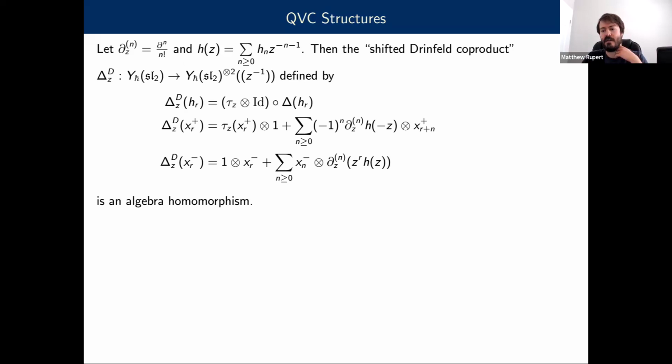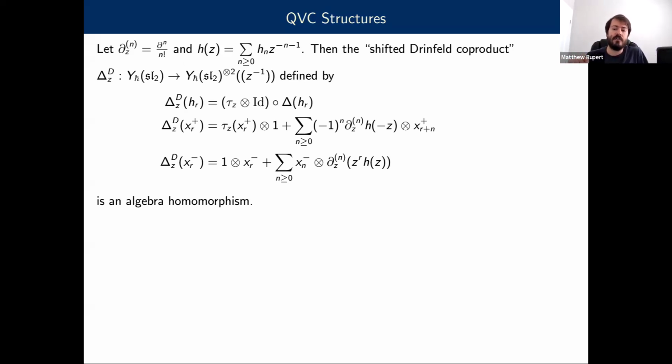Here, when I say series, I mean they go to 0 in the h-adic topology as z goes to infinity. The shifted Drinfeld coproduct is defined on the generators in the way I've written here, and it's an algebra morphism, so we only need to define it on generators.